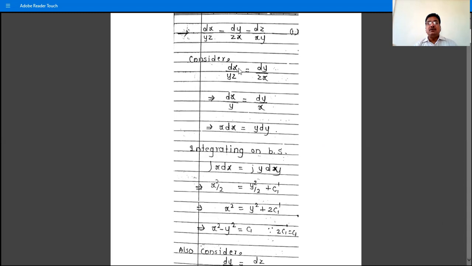So in order to solve the first order and first degree equation, we have to apply the appropriate method. If the equation is of the variable separable type, then the method is to separate the variables and integrate both sides. This is a very simple method.